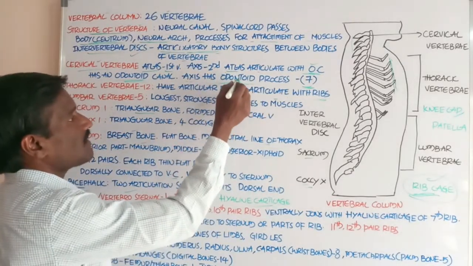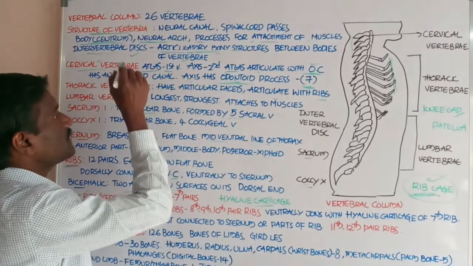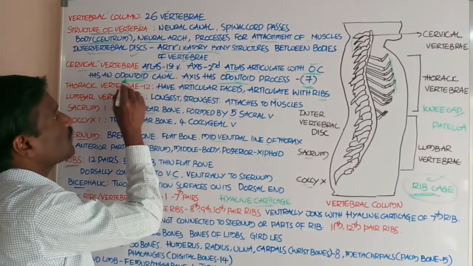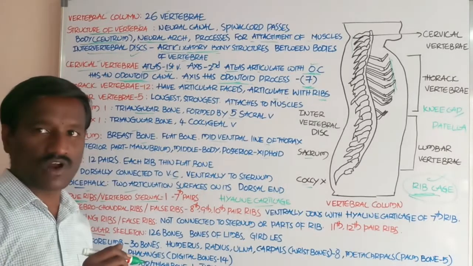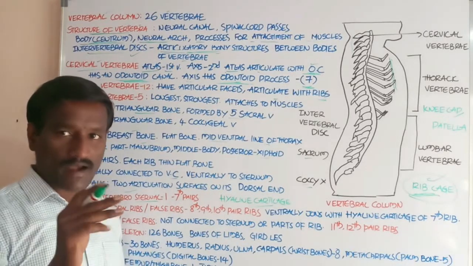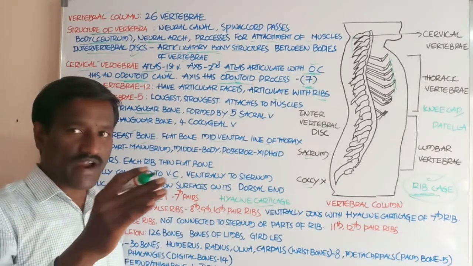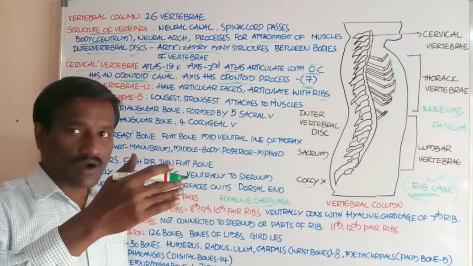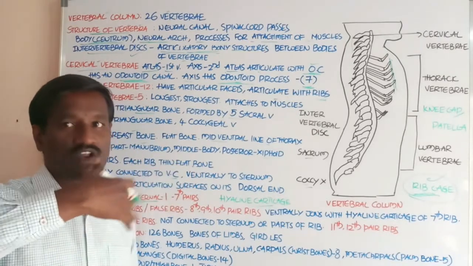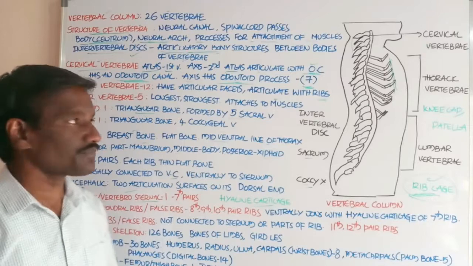The odontoid process is fixed in a joint with the odontoid canal, and this facilitates free rotation of the head.